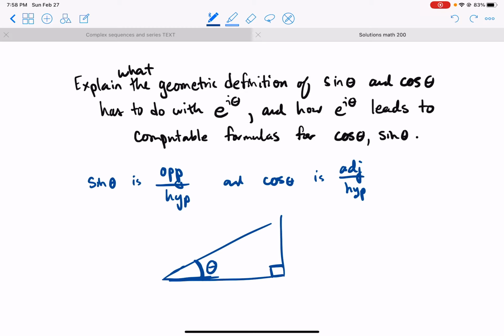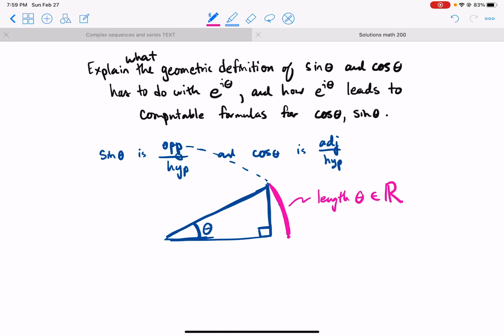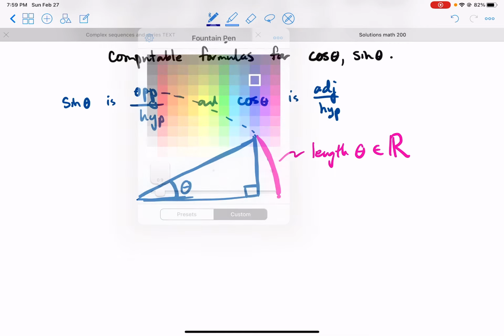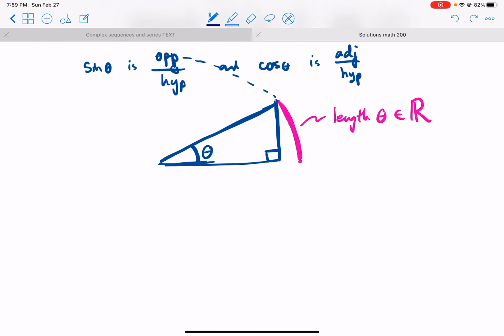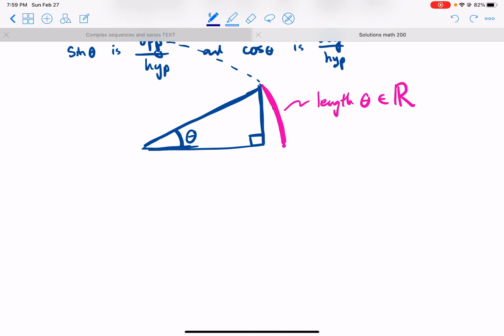But actually what you mean is that if this triangle were embedded in a unit circle, then this circular arc length has length theta, meaning theta is a real number. It is a length of a circular arc. And so especially because we are going to use e to the i theta, we should just note what these things are.